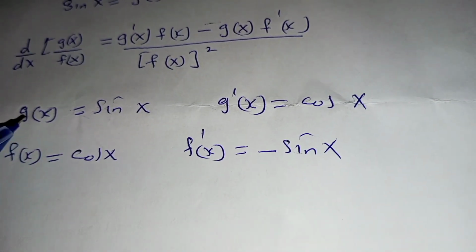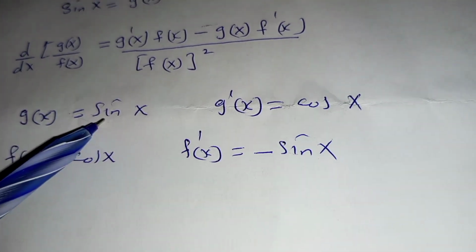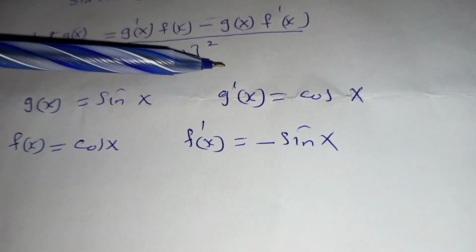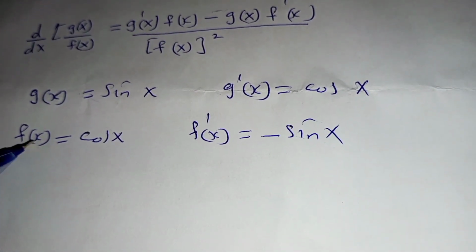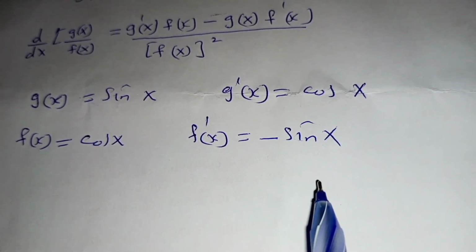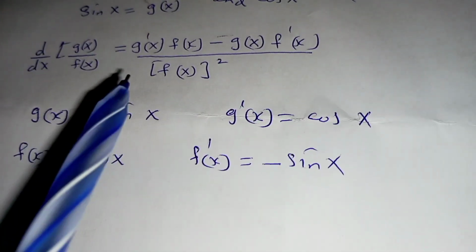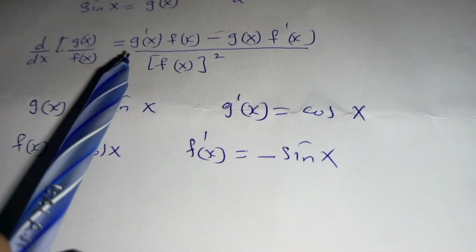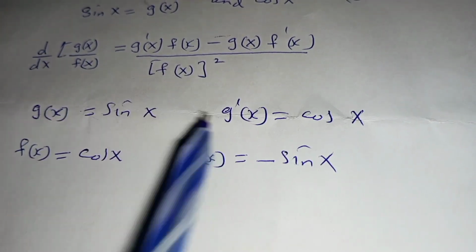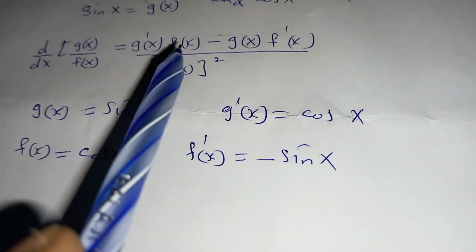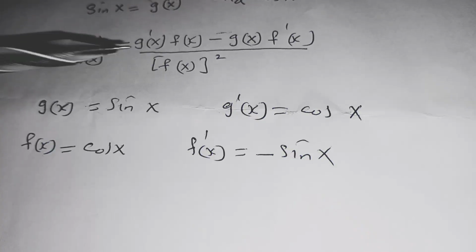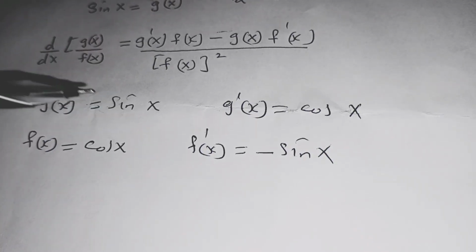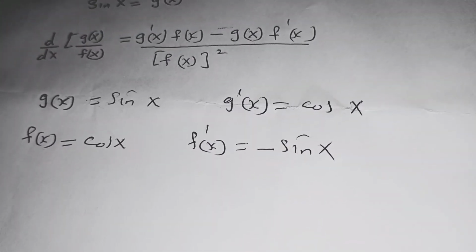Differentiating g of x, which is sin x, the derivative of sin x is cos x, and the derivative of cos x is negative sin x. Then we are going to substitute g prime, that is the derivative of sin x, and multiply with f, and also take g of x and multiply with the derivative of f.